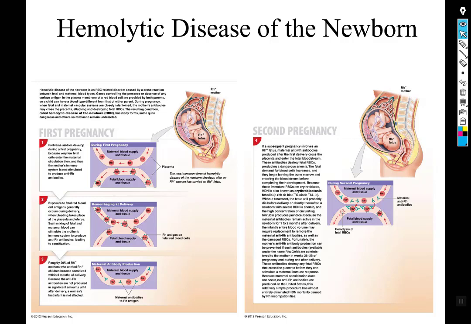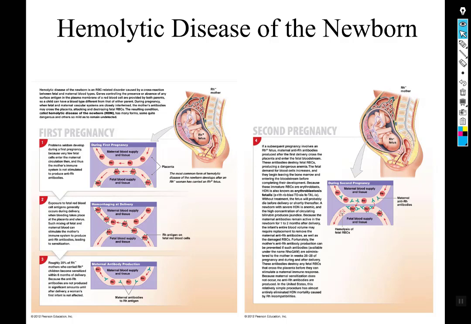This used to account for a fair amount of infant mortality and even sometimes spontaneous abortion in the olden times before immunology was well established. However, now we have an antibody-based drug named RhoGAM.